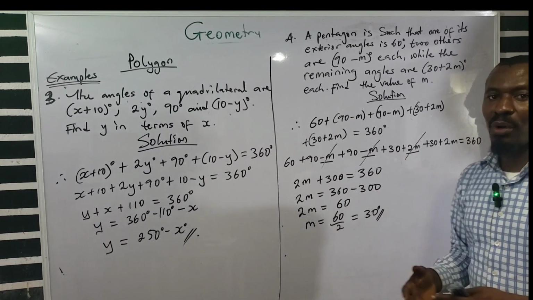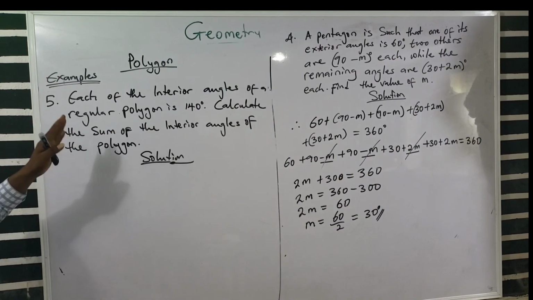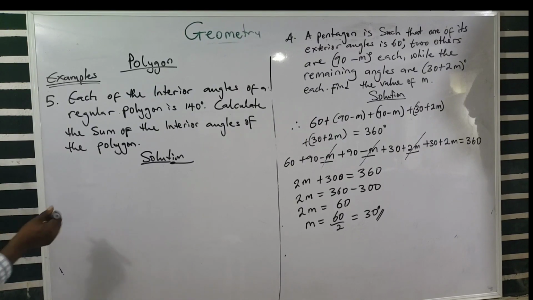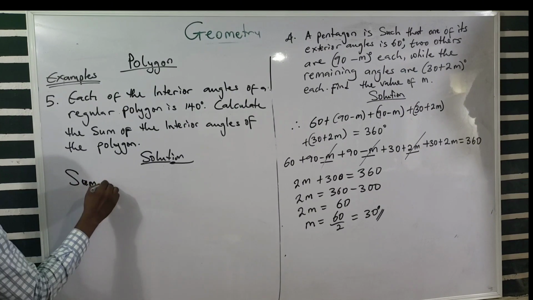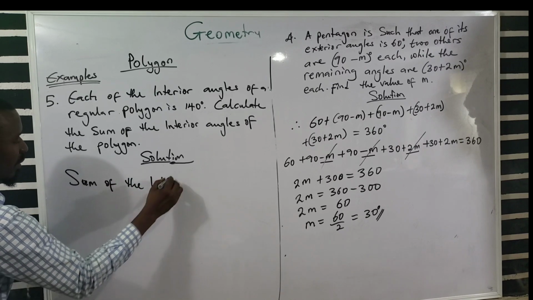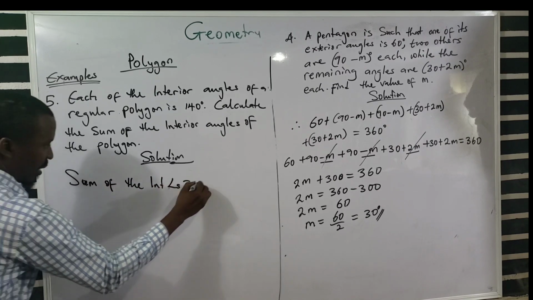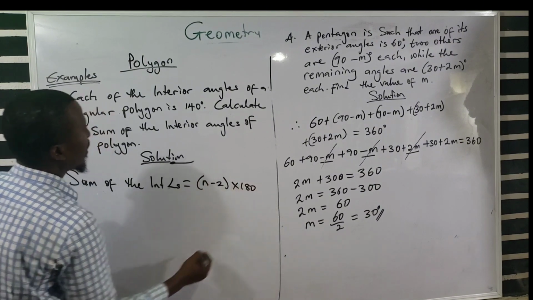Let's go to number 5. Here, they say that each interior angle of a regular polygon is 140 degrees, and we should calculate the sum of the interior angles of the polygon. So we make use of the formula: sum of the interior angles equals n minus 2 times 180.